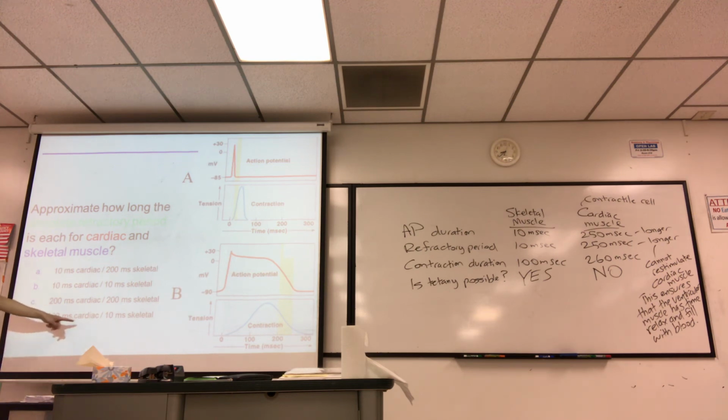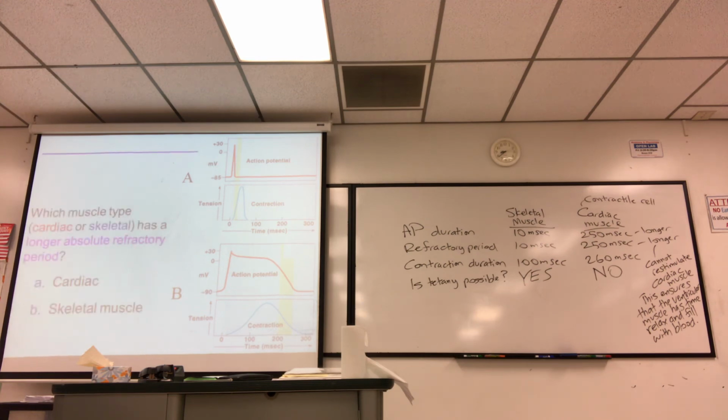Long for cardiac, short for skeletal. D looks good to me. Last question here. Which muscle type, cardiac or skeletal, has a longer absolute refractory period? Cardiac, and that was the main point there.